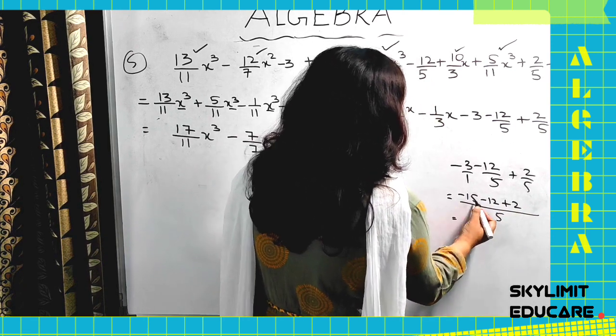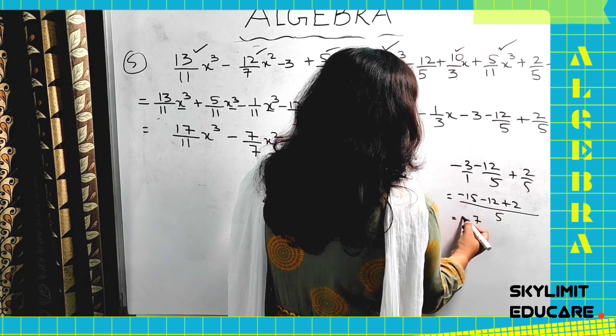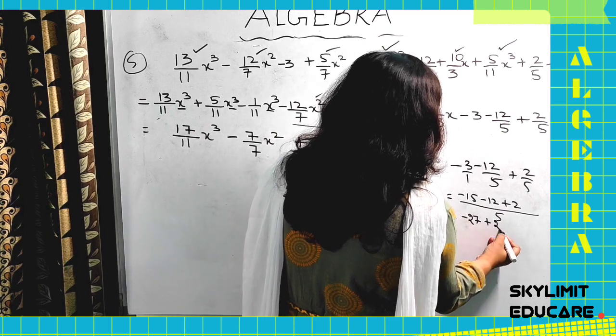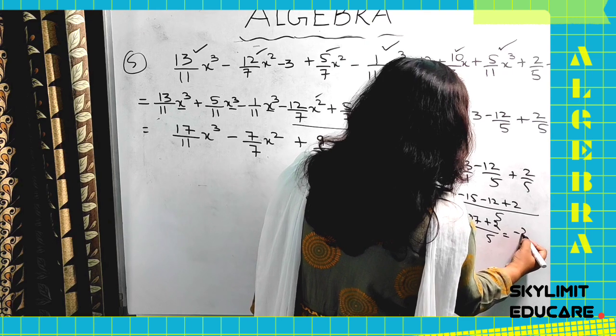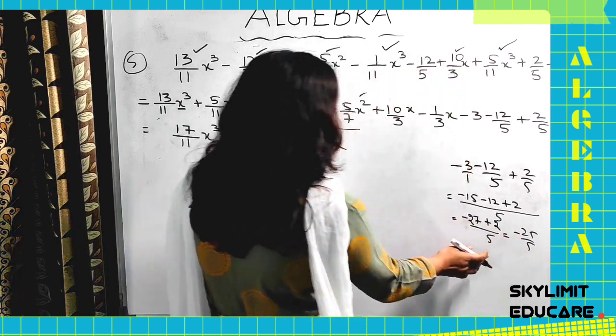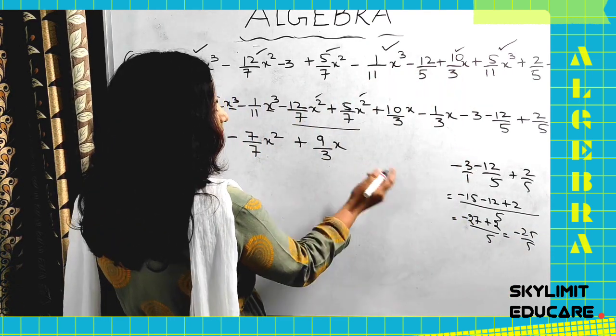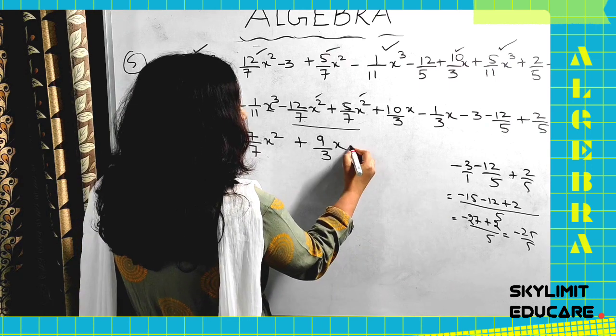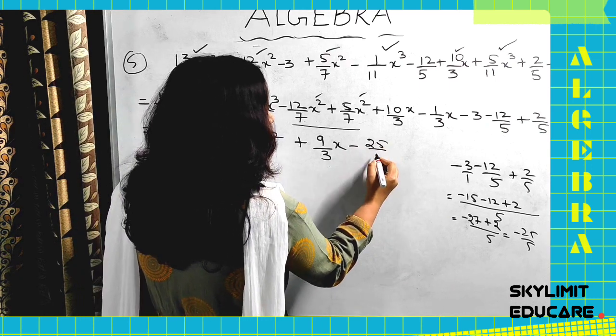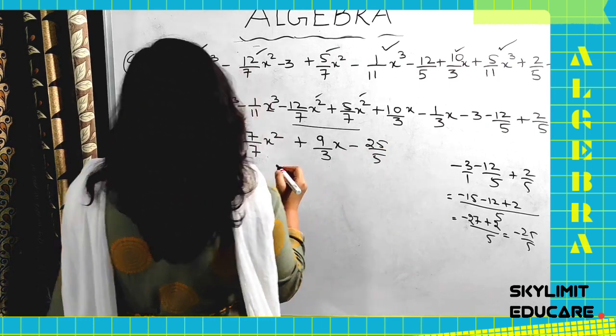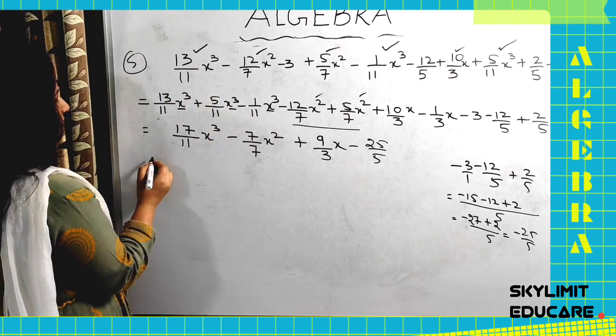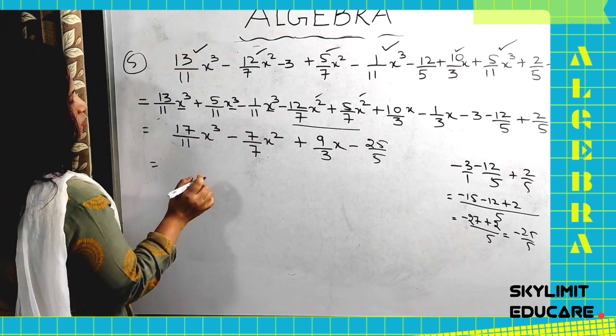So how much are you getting here? Minus 27 plus 2 by 5, that is equal to minus 25 by 5. Yes or no? Please see it carefully. Clear? Now let us solve it.